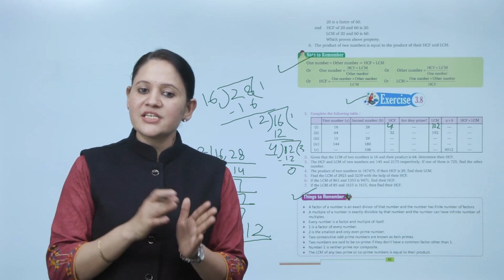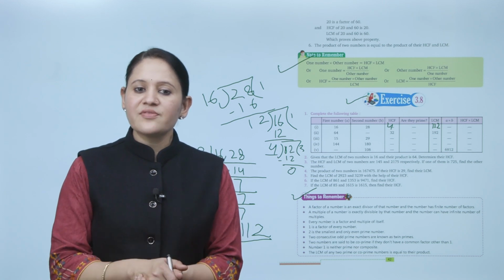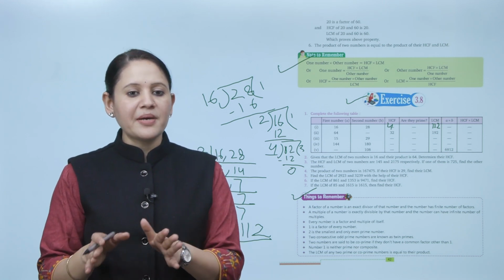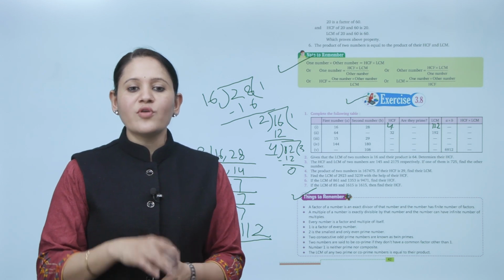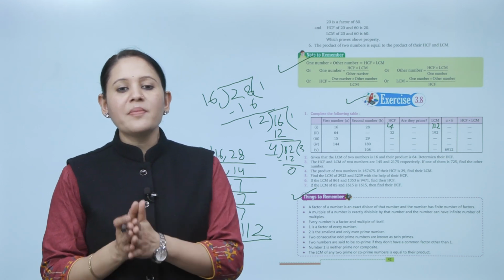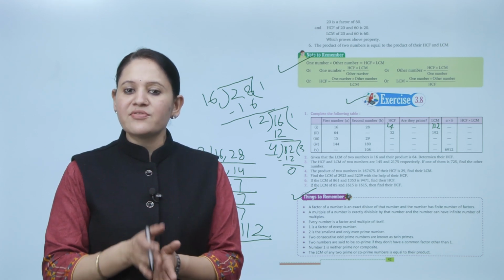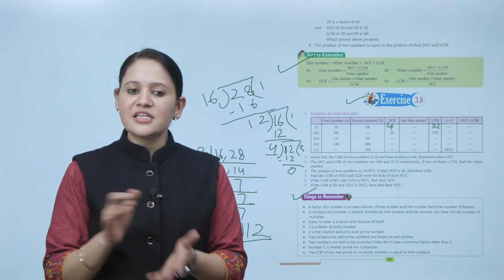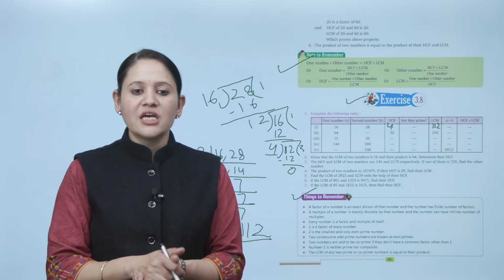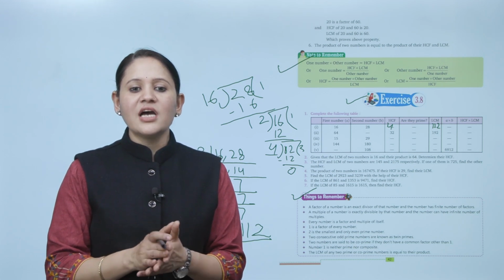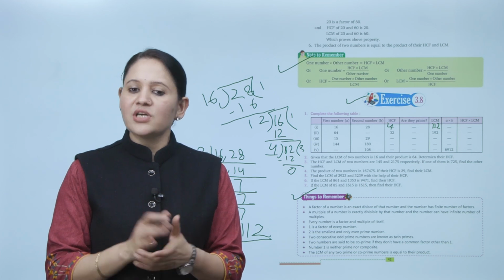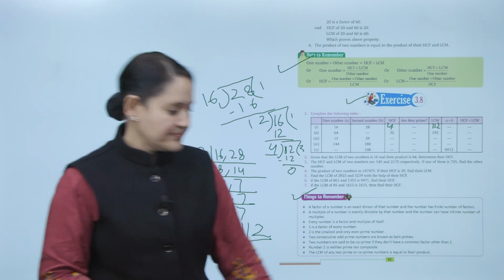Every number is the factor and multiple of itself. 1 is the factor of every number. 2 is the smallest and only even prime number. 2 consecutive odd prime numbers are known as twin prime numbers. 2 numbers are said to be co-prime number if they don't have a common factor other than 1. Number 1 is neither prime nor composite. The LCM of any 2 prime and co-prime numbers is equal to their product.